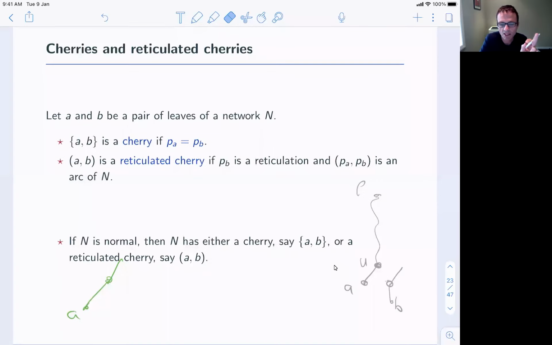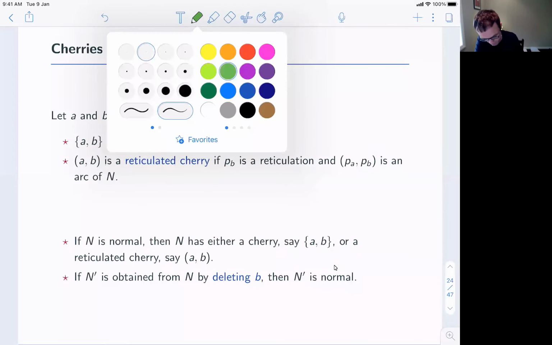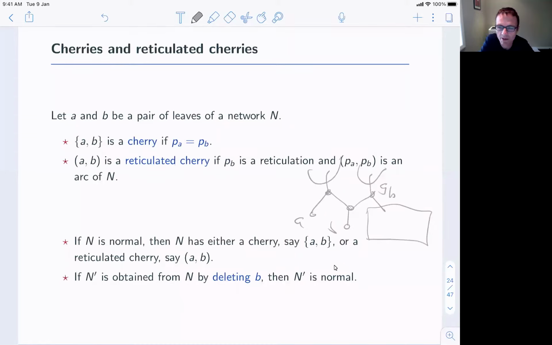For the cherry, we'll keep the same move, but for the reticulated cherry, let's call that GB. I don't know what's down there. I don't know what's above that part. And what we're going to do here is delete B. We're also going to delete P(B), the parent, and then suppress those two degree 2 vertices. So we'll suppress GB and we'll also suppress P(A).